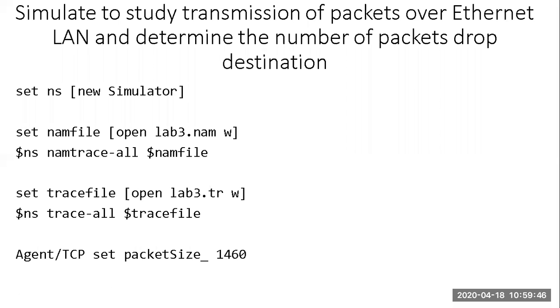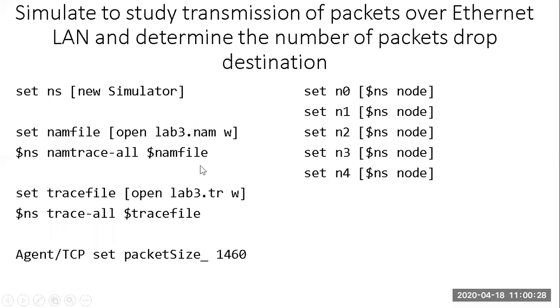Later we set the TCP packet size, Agent/TCP packet size, to 1460. This is just the standard Ethernet packet size. Why is this packet size set? Because we are using the Ethernet LAN protocol, so it is required that we set the packet size.